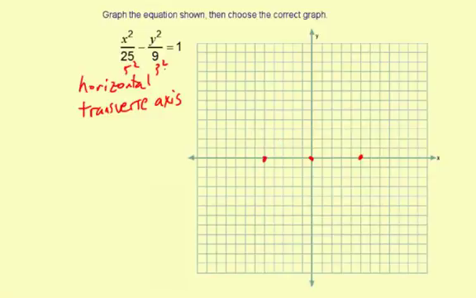And then the 3 from the 3 squared is the vertical distance that helps us draw the asymptote. So I'm going to go up 3 and then down 3 from the center. And then make a little rectangle that goes through the points we just made.